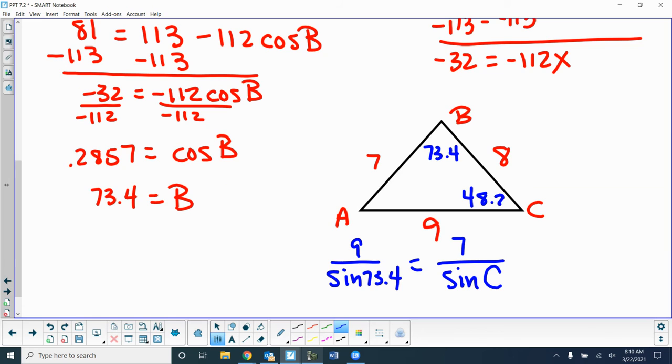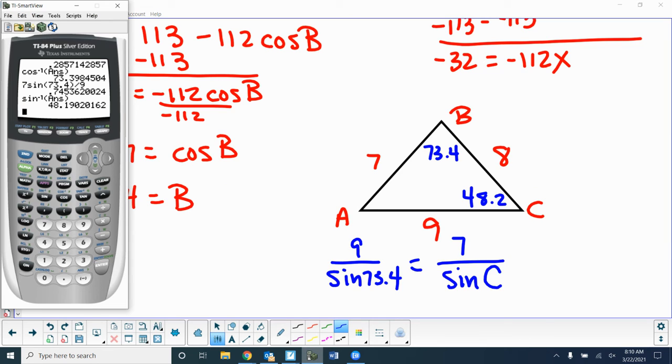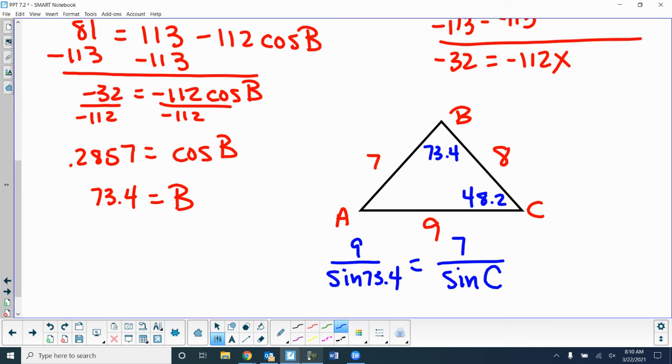So I'm going to add 73.4 to that, and go 180 minus that answer to get the third angle of the triangle, 106.6. That doesn't seem right.